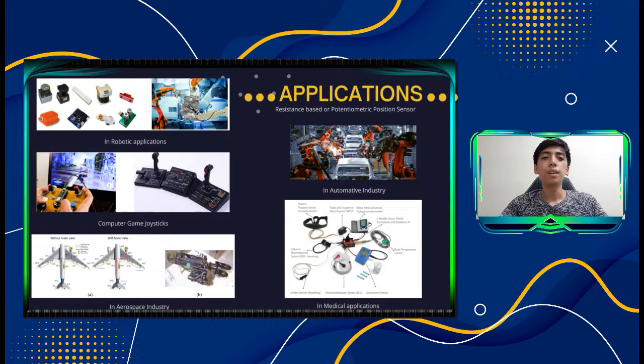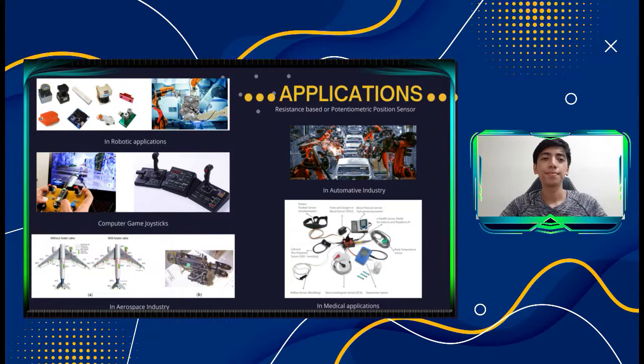And it also has aerospace applications, which include fin actuation, flight controls, and valve position measurements. And last was for the medical applications, wherein linear and string potentiometers relied on precisely measured position in robotic devices.